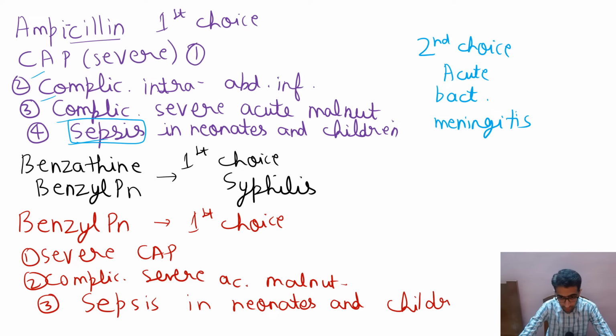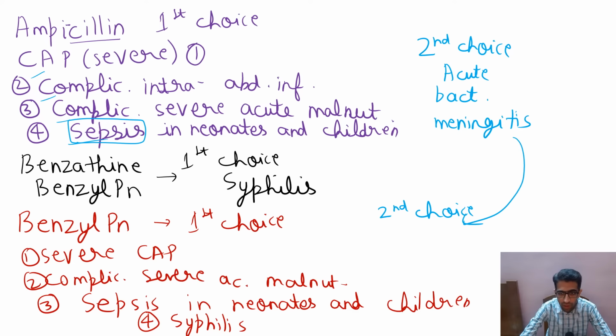I'm saying to some extent because drug of choice without doubt, undoubtedly in syphilis is benzathine, because it is a very long acting drug. Maybe we can use this also. Coming on to the second choice, we have same here, acute bacterial meningitis.